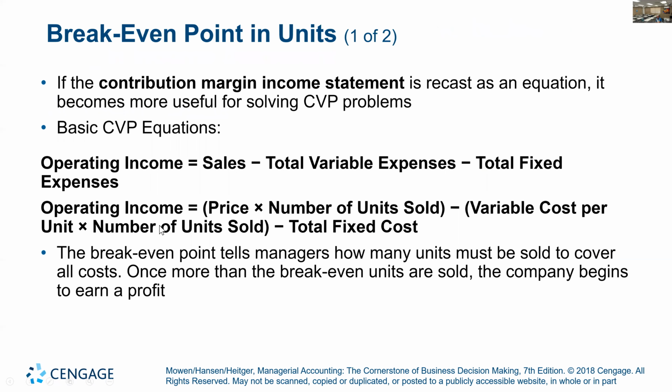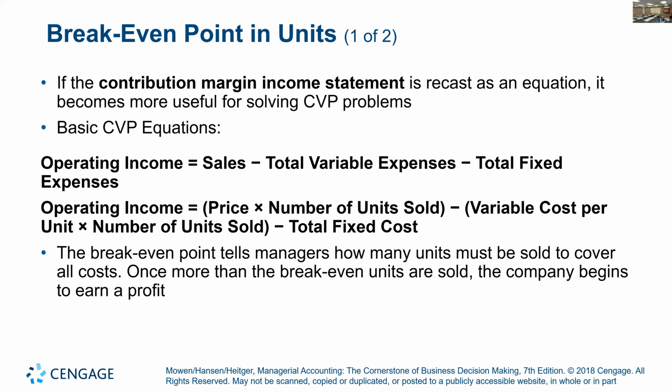We can also figure our contribution margin on a per unit level. If, instead of just doing total sales minus total variable cost, we break everything down to a per unit level, we can say our selling price minus our unit variable cost. That gets us our contribution margin per unit.